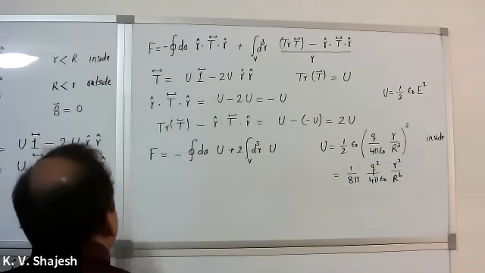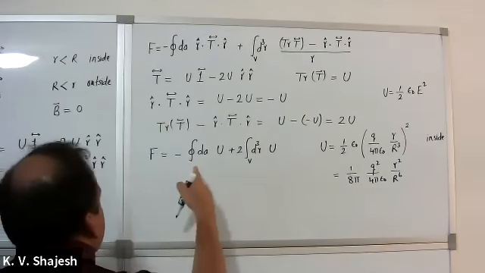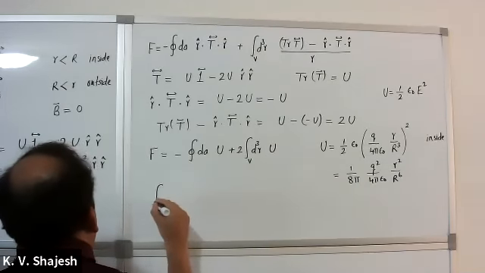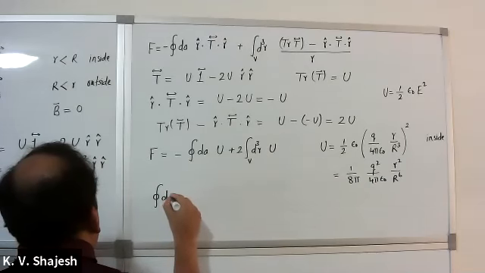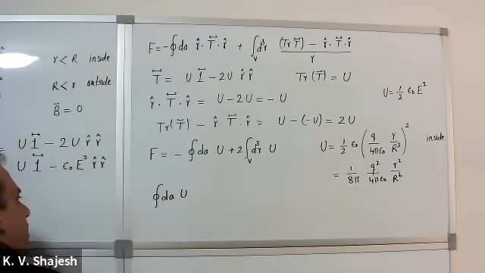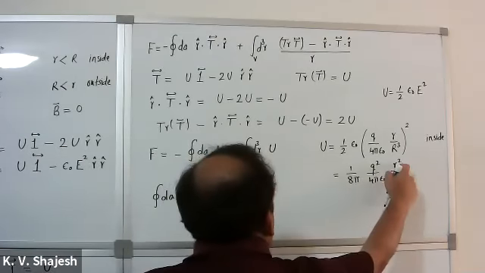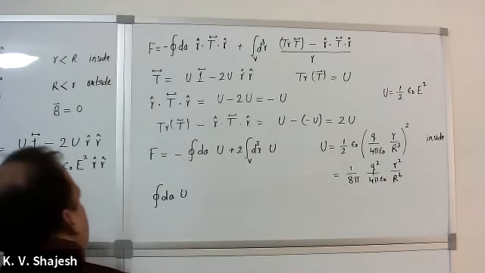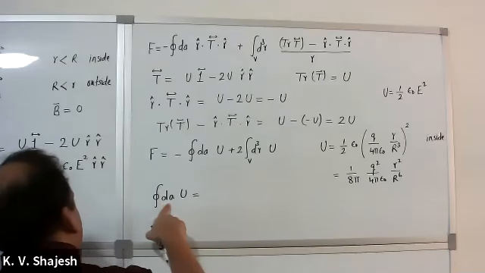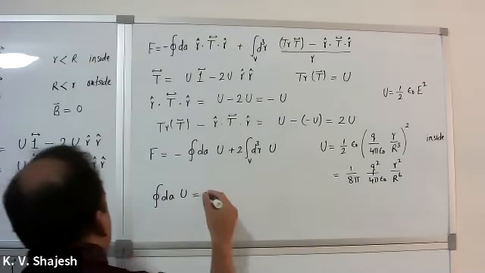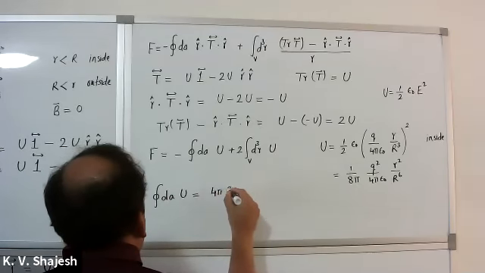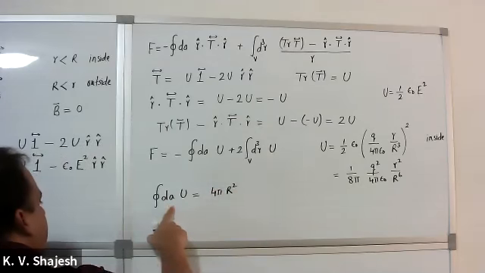Let's do these two integrals. So first let me do the surface integral. That's an easier one. The surface integral will be dA of u. You just evaluate it right on the surface, so I just have to replace that small r with a capital R itself. So that's the surface area, 4 pi R squared, that's the area dA.